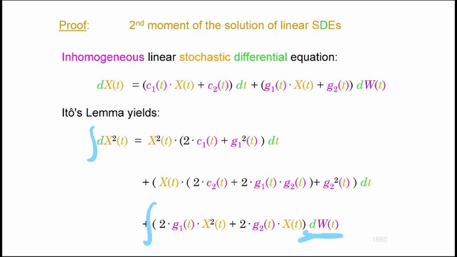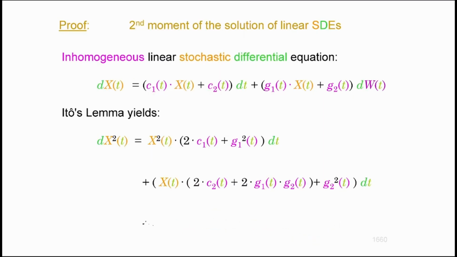You have the increments of the Wiener process, and the expectation of a Riemann-Stieltjes integral is always going to be 0, even if you got the squares in here. So, thank God, at least I get rid of those expressions. Those will disappear, but the others don't, unfortunately.